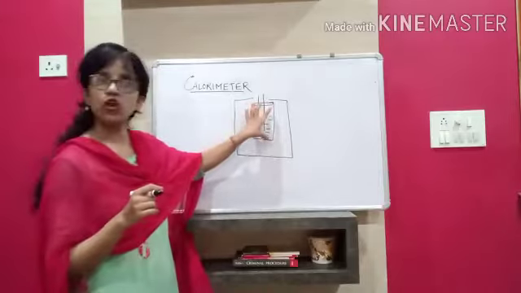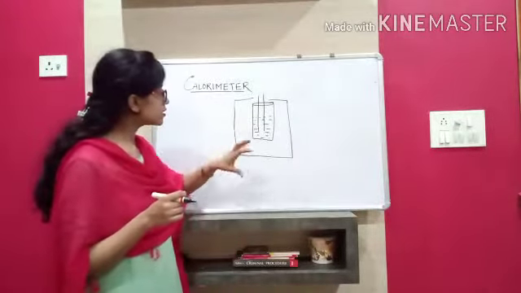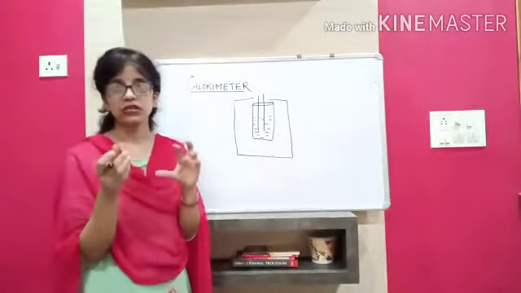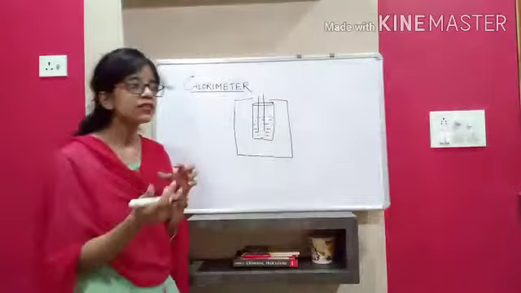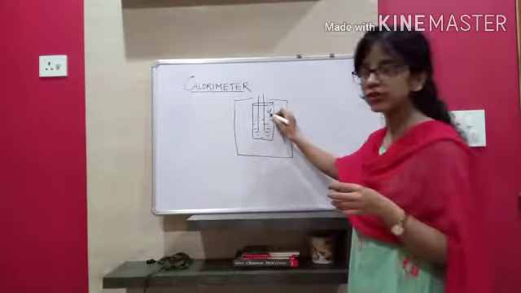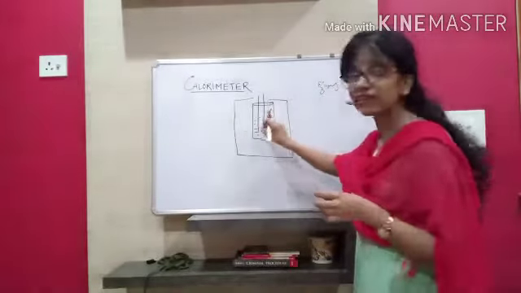Now this one is a copper vessel and this one is a wooden box. What we did is we took some water and heated that water. That means you are giving some amount of energy to it, and it is gaining some energy.